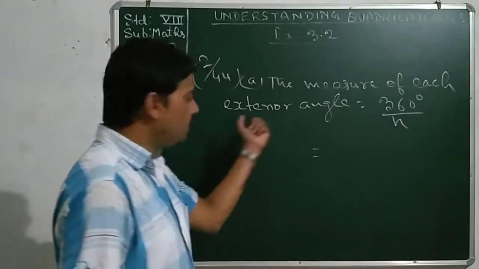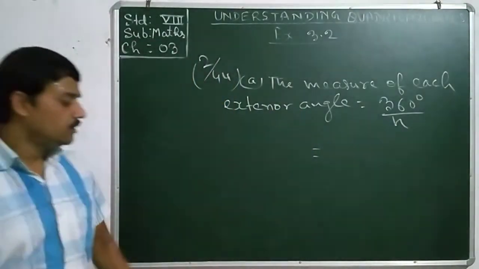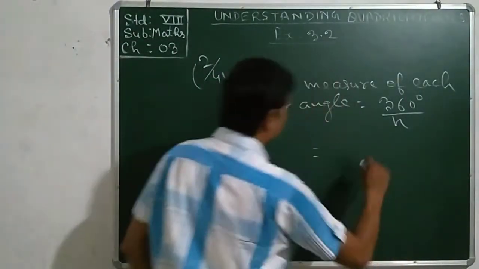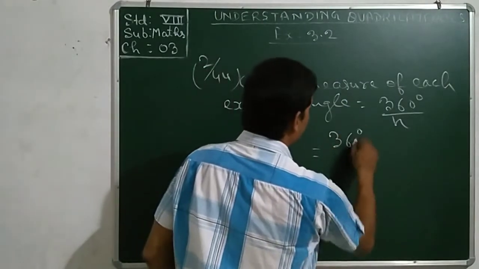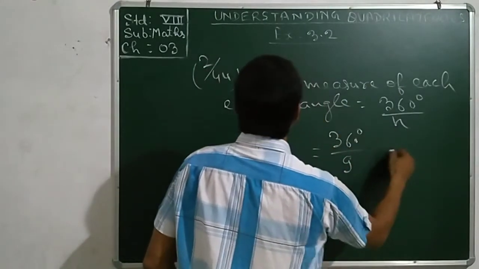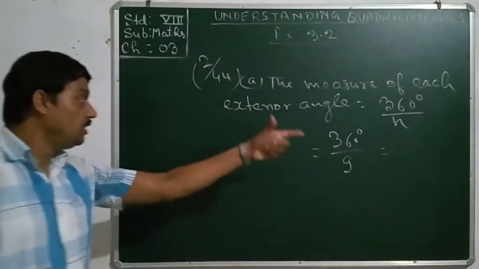So here n equal to the number of sides 9, so it will be 360 degree by 9. Whatever the measure you get, that will be your answer.